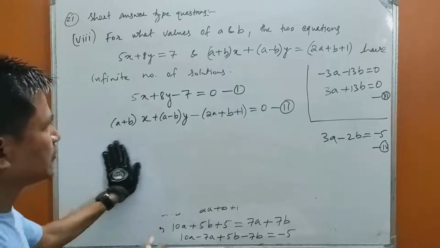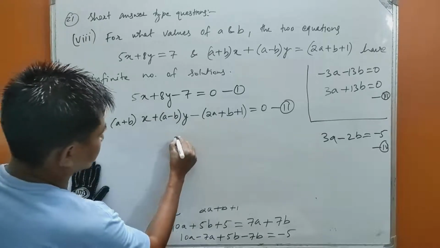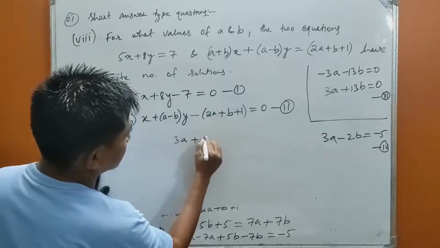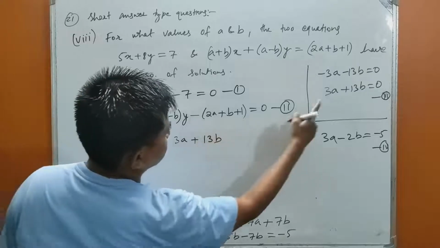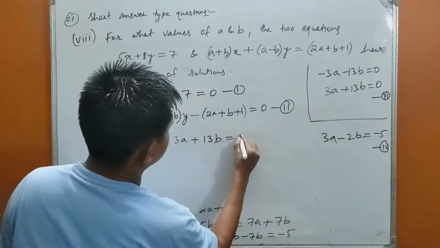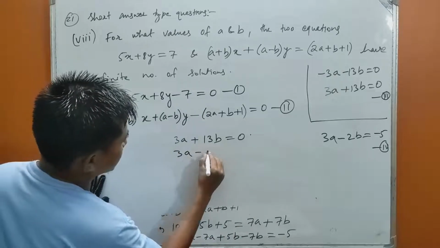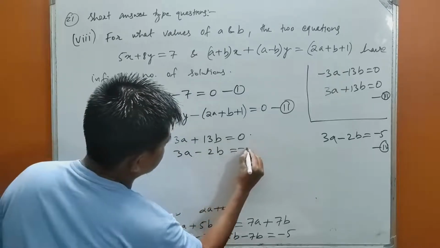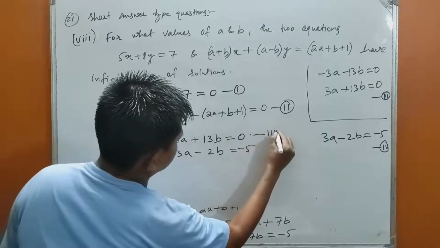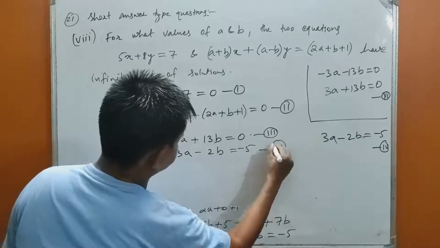Now we have 3A plus 13B equals 0 and 3A minus 2B equals minus 5, isn't it? This is equation 3 and this is equation 4.